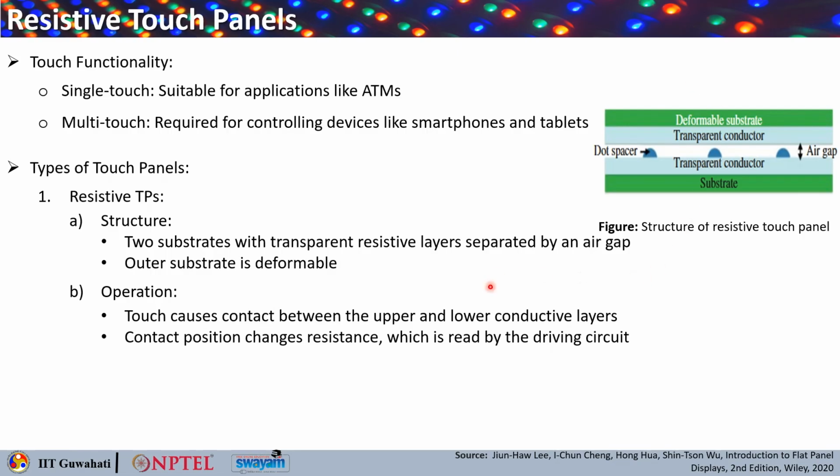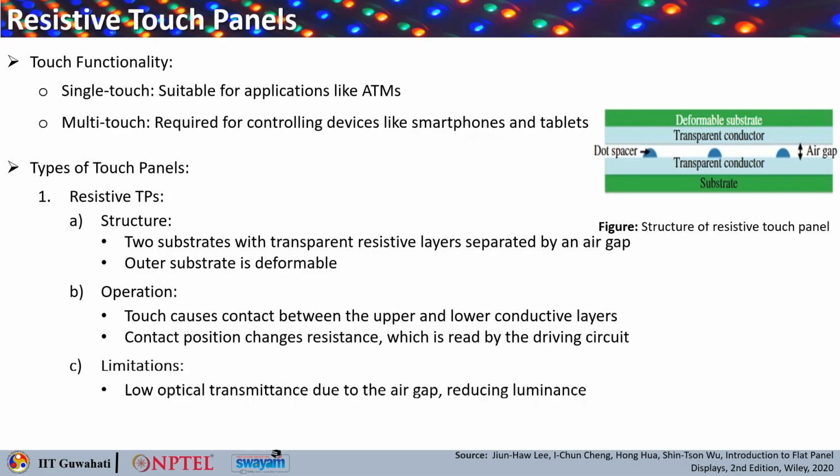Now, the touch causes contact between the upper and the bottom conductor. Here there is some gap, but as soon as you touch it and apply some pressure, these two layers will touch, and the contact position will change the resistance, which is read out by some driving circuitry.